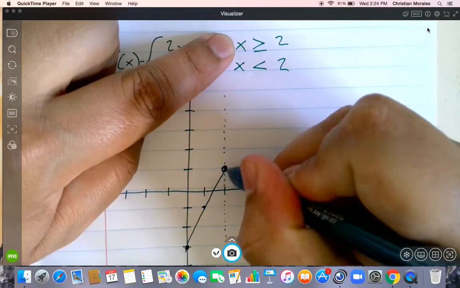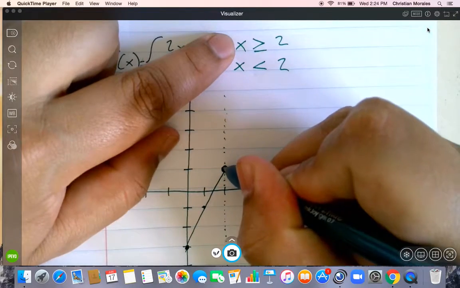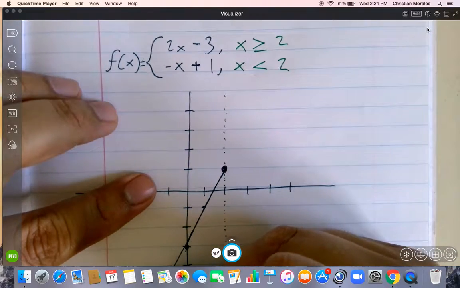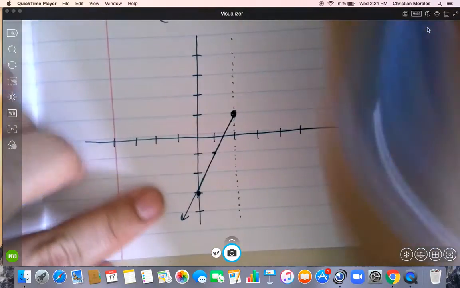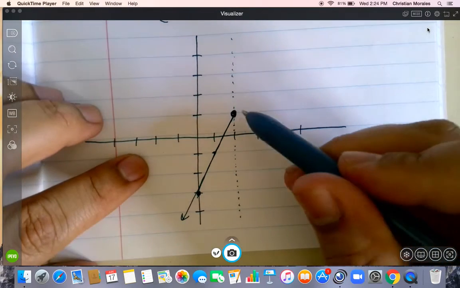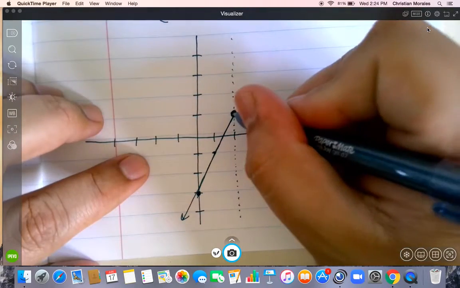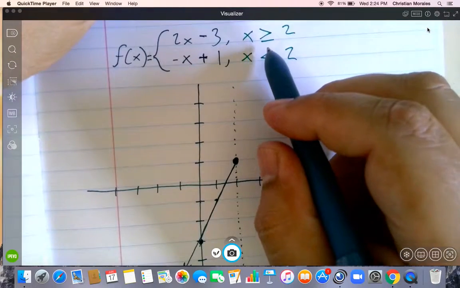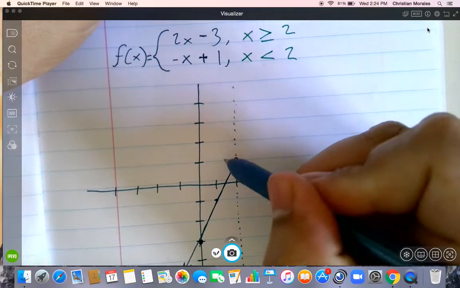So it's a solid line with a dot. You can draw an arrow going this way because it goes on forever in this direction, but it stops right there. So don't put an arrow there, you put a dot. Sometimes it's closed, sometimes it's open. Because it has a line underneath it, this one's closed.